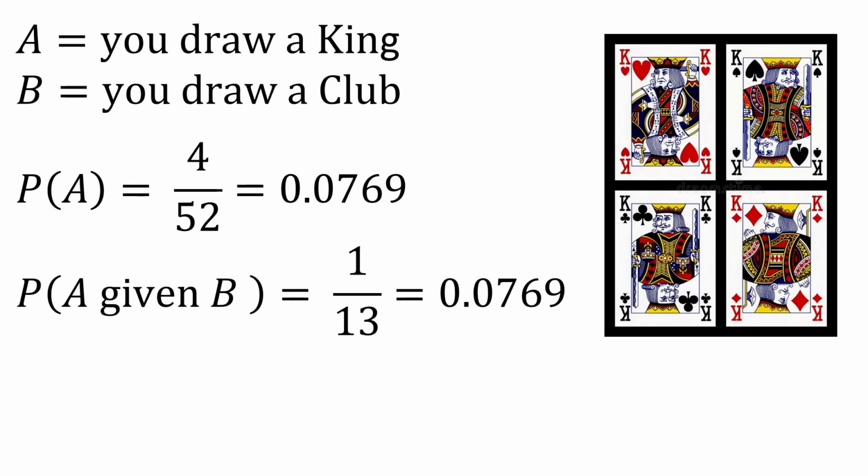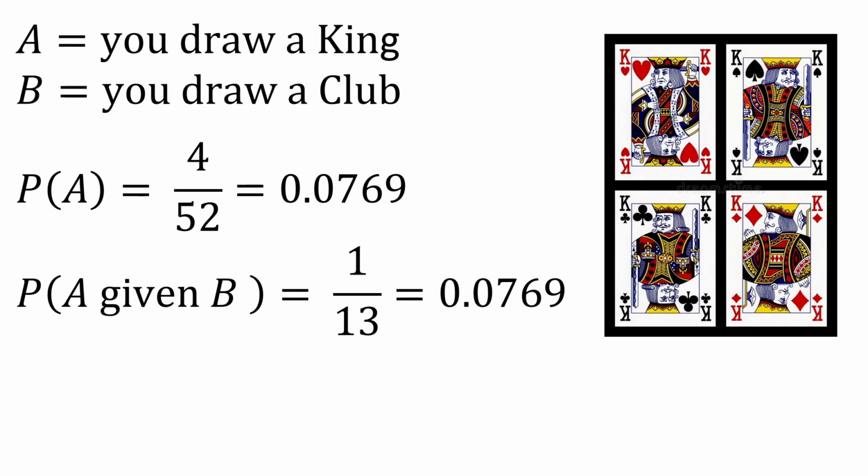So if you know the card you drew is a club, now the sample space isn't 52 cards, it's only 13 cards because there's 13 clubs. And of those 13 clubs, there is exactly one king. And so knowing that you drew a club, the probability that it's also a king, there's one way that can happen, divided by 13 possibilities.